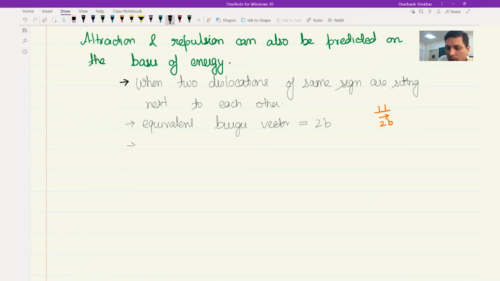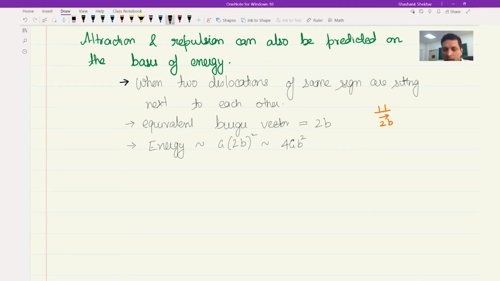And therefore, the energy for this new dislocation would be of the order of G into (2b) whole square, which would be of the order of 4Gb square. However, if the two dislocations were very far apart, very independent of each other, then their energy would have been Gb square and Gb square, meaning total energy would have been 2Gb square.